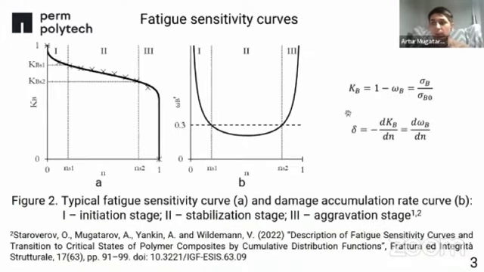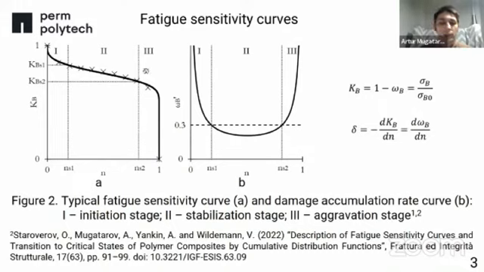Previously, authors of this work proposed to plot fatigue sensitivity curves in the coordinates of preliminary cyclic exposure and fatigue sensitivity coefficient KB, which can be calculated by this formula.